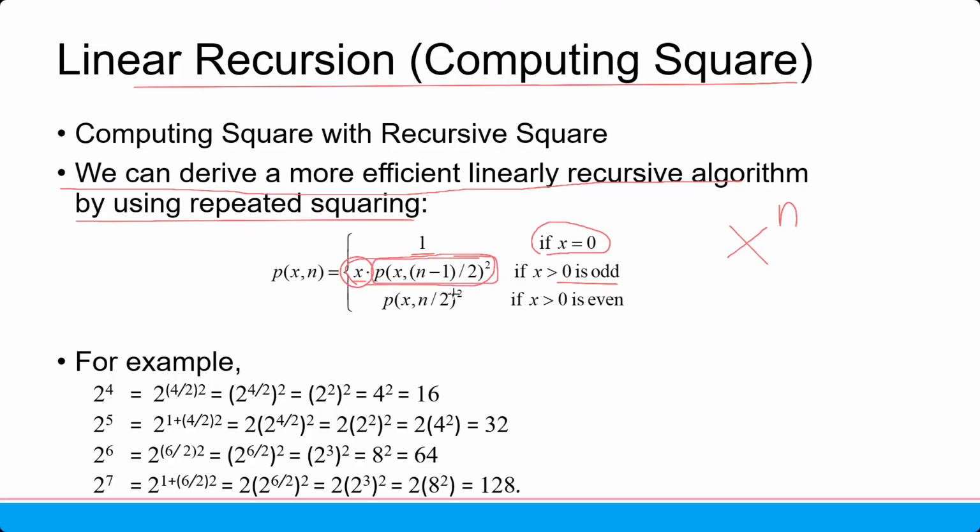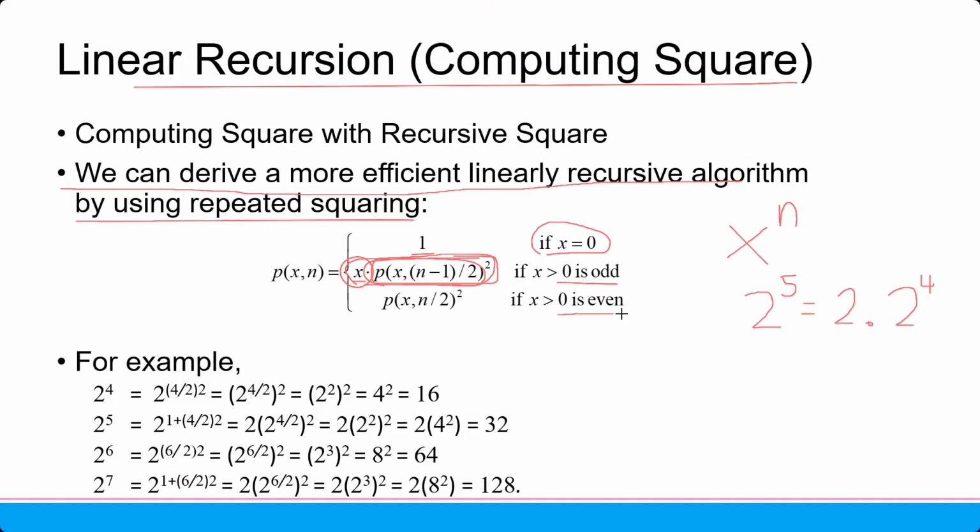So if it is, let's say, 2 to the power of 5, then I can do it as 2 multiplied by 2 to the power of 4. This is the meaning of that formula.